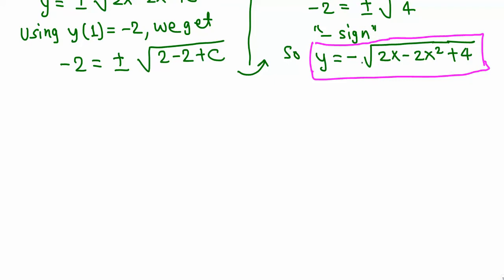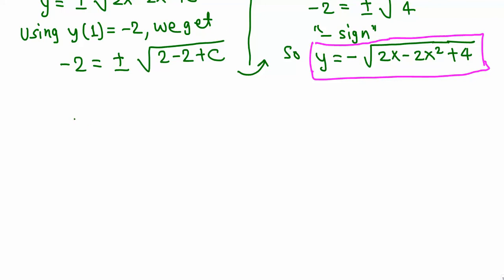This solution is given by square root of something, 2x minus 2x squared plus 4, and square root is defined for non-negative numbers. So this expression inside should be bigger than or equal to 0, but it cannot be 0. When this expression is 0, we are going to get y equals 0, and we already said y cannot be equal to 0.